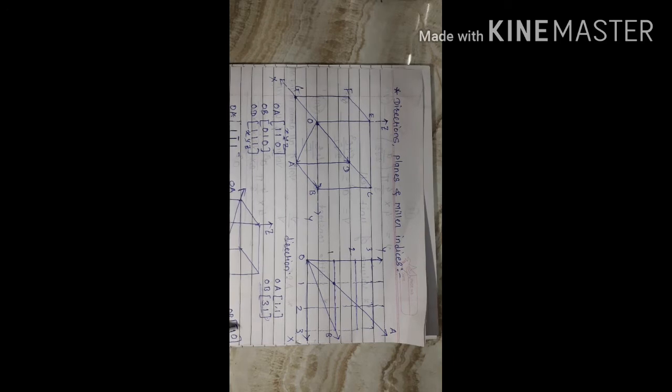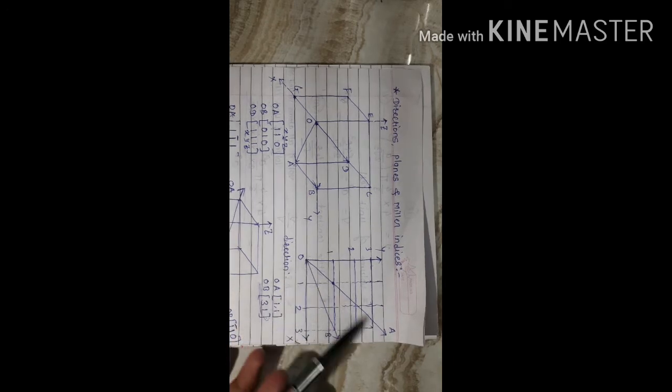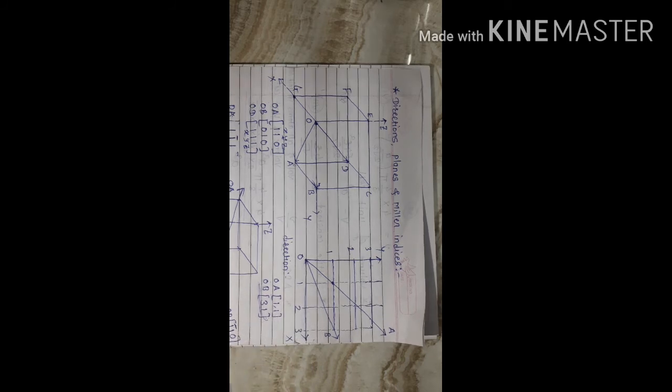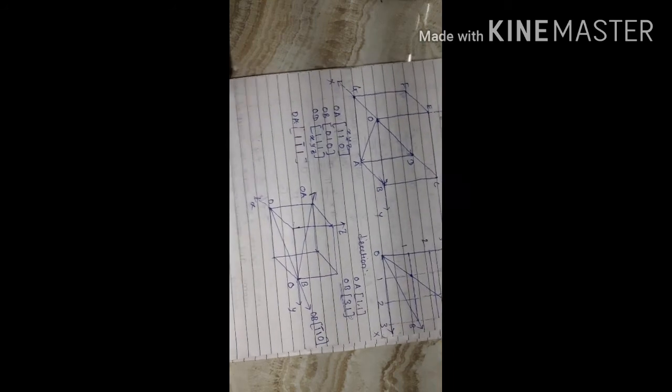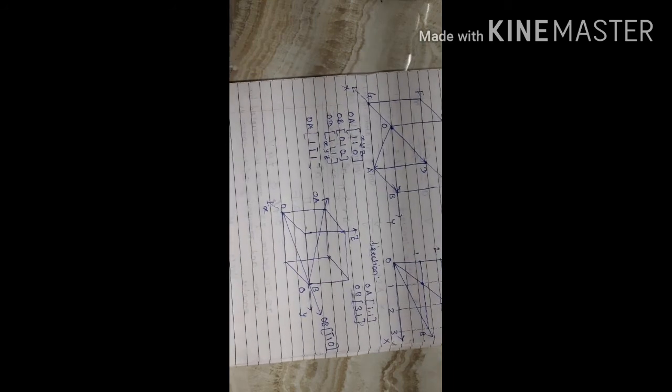Similarly, to find out the OA direction, this is 1 1. Suppose there is another direction to draw inside the cubic structure.